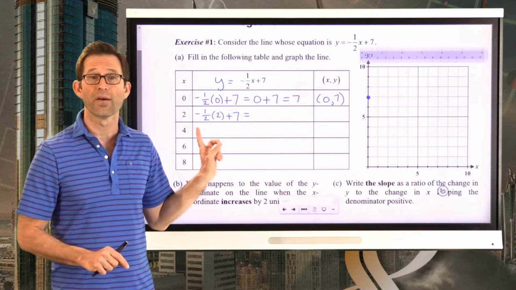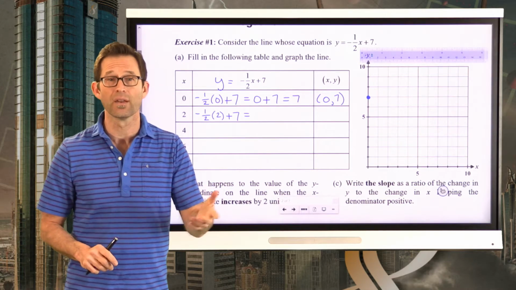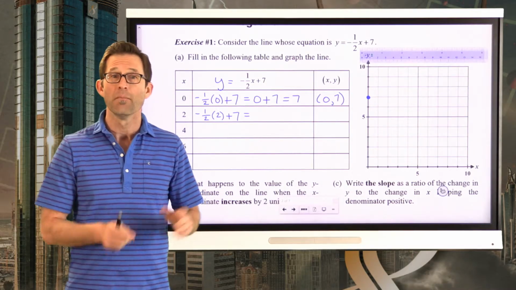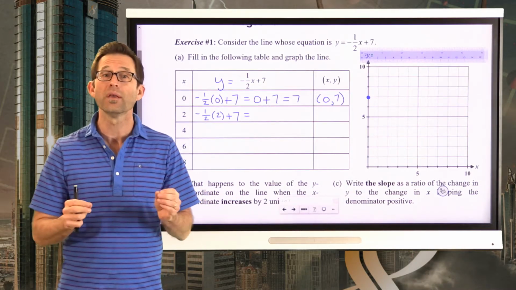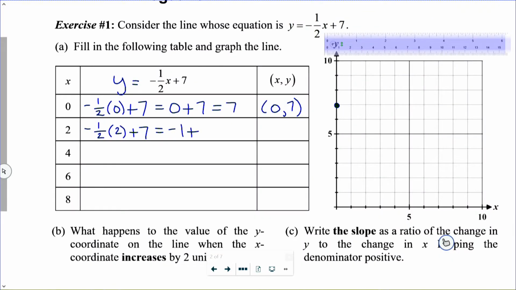In this case, -1/2 times +2 is -1, because 1/2 times 2 would be 1. So that gives me -1 plus 7. The -1 and a little bit of the 7 cancel to give me 6. That gives me the point (2, 6).